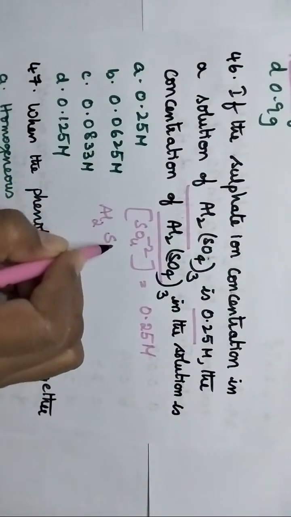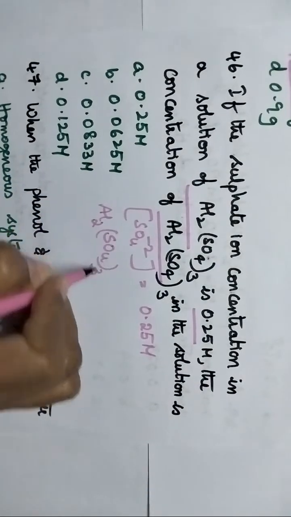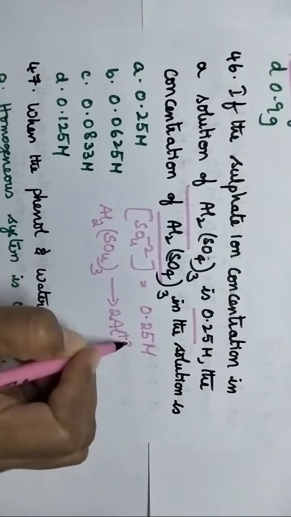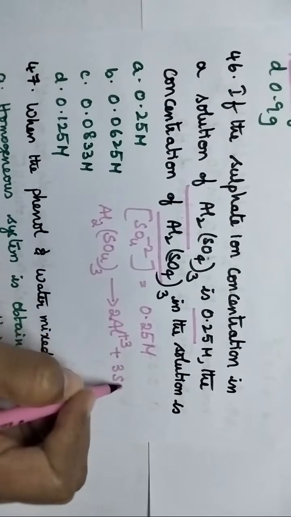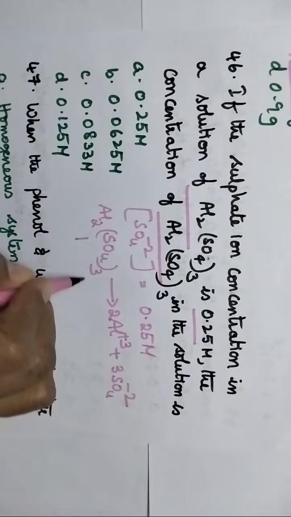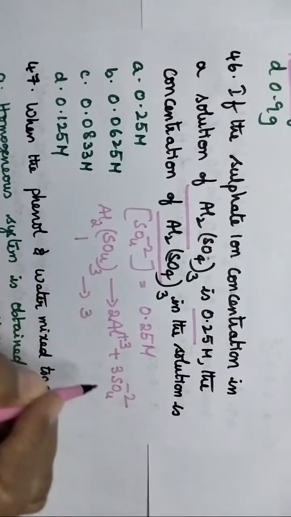Aluminum sulfate dissociates into aluminum and sulfate ions. So 1 aluminum sulfate gives 3 sulfate ions.